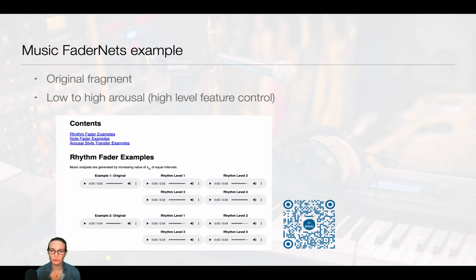So again, we can do these transformations of the generated music or of existing music even through the latent space, which is pretty cool. You can go to the website of MusicFaderNets. All the code is available, and there's a bunch of examples where you can examine if the sliders really work.